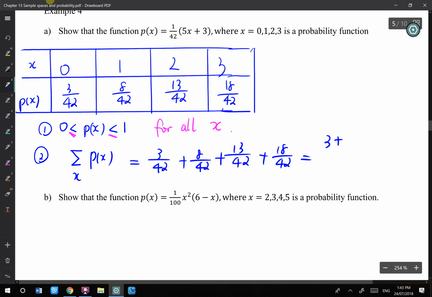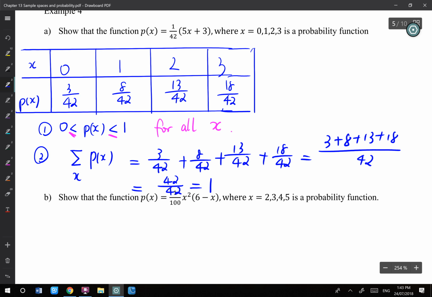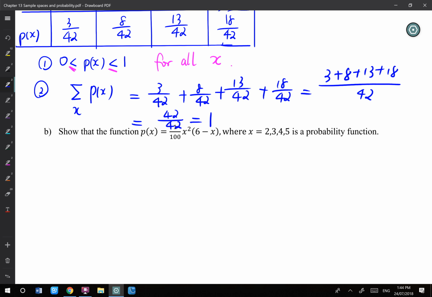So it's 3 plus 8 plus 13 plus 18 over 42, and that is 42 over 42, and that equals to 1. Because it asks you to show, it is better to show more steps to show why that equals to 1. We can see that's 1, but try to show a couple more steps. So it's 42 over 42.